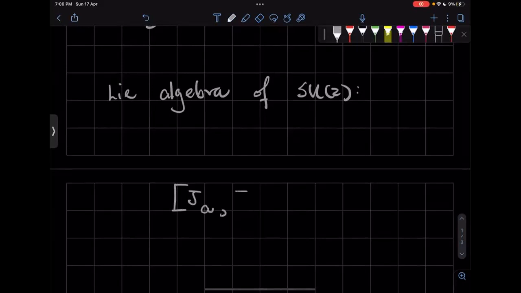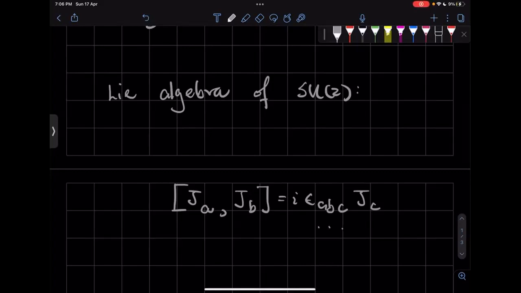So JA, JB is equal to I epsilon ABC JC, where there is a sum over C, but since these indices take only 3 values, there is no sum, right? Because if this is 1, this is 2, this has to be 3.